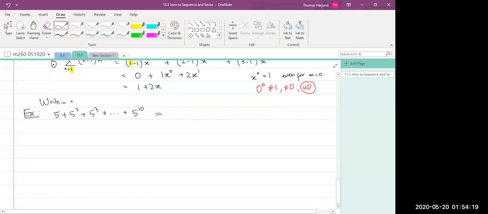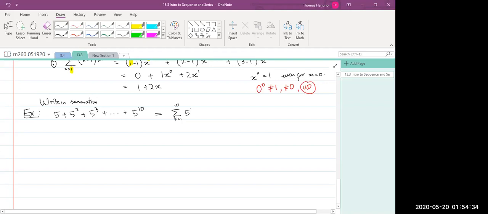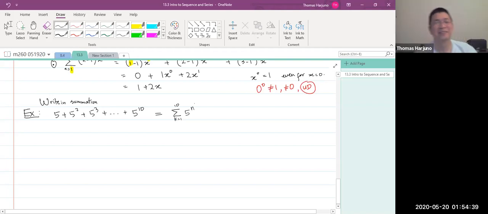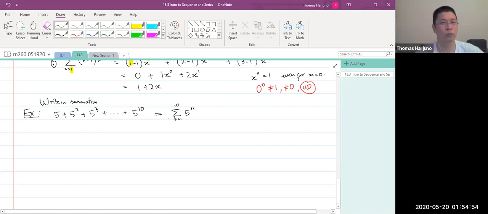This is going to be k equals 1, it stops at 10, and it's 5 to the n. Almost right.